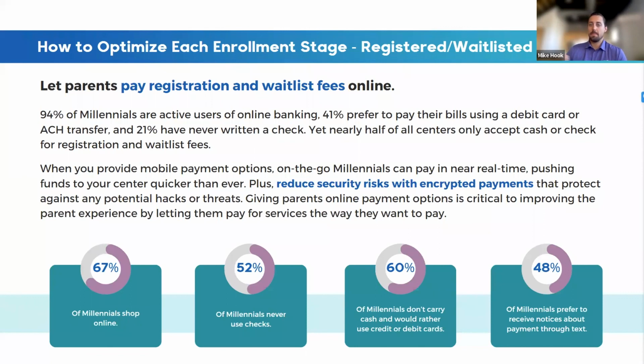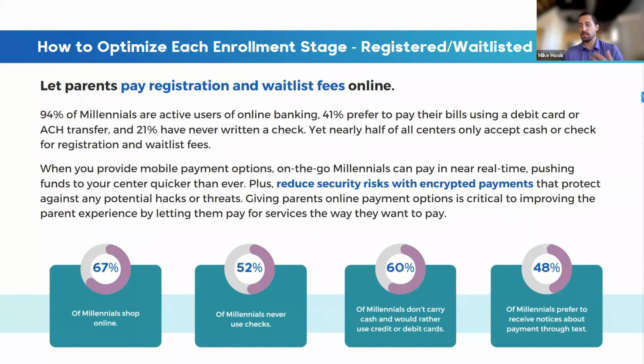So again, making it easy, meeting these parents where they're at, giving them a nice, smooth way to finish the enrollment process. As an added benefit, you as a director or an organization will know that that parent has now paid you. Right? So there is actually a financial commitment by the parent, which reduces the risk that they might fill out this registration paperwork and go somewhere else.